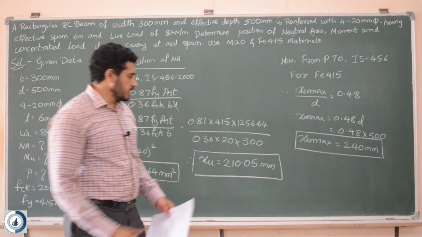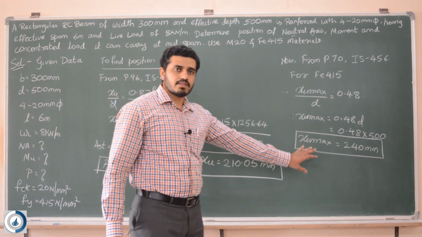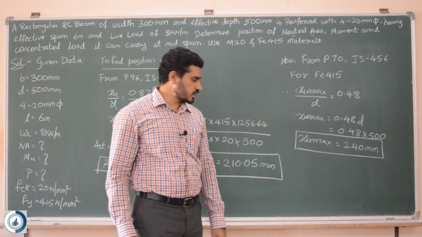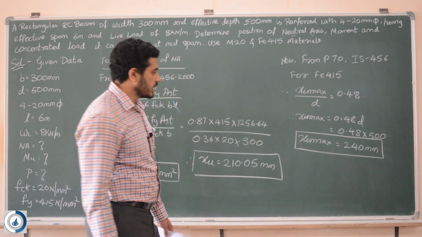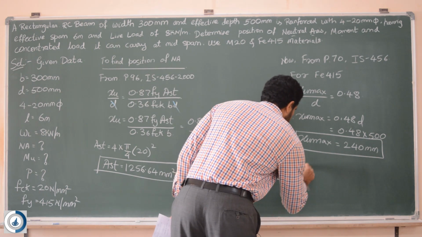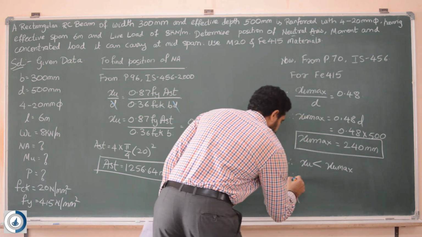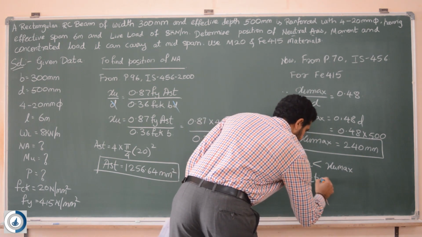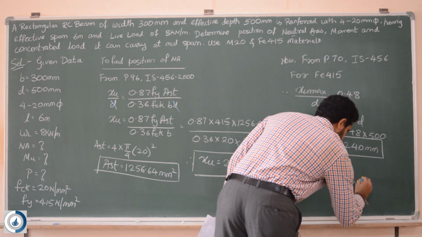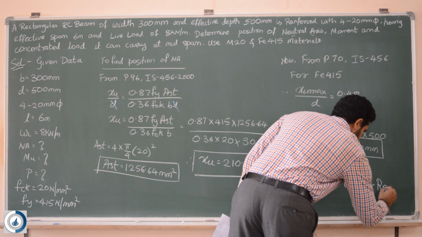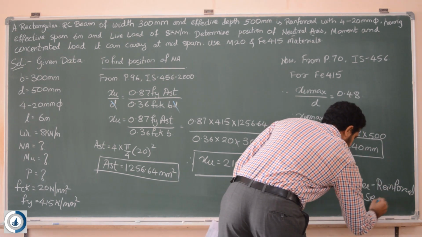Now, comparing these two values, Xu and Xu max, you can comment whether the section is under reinforced or over reinforced. Xu is less than Xu max, therefore the section is an under reinforced section.